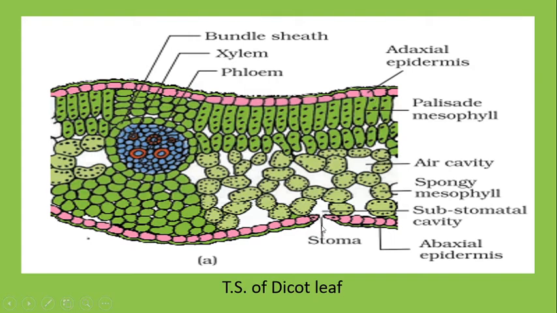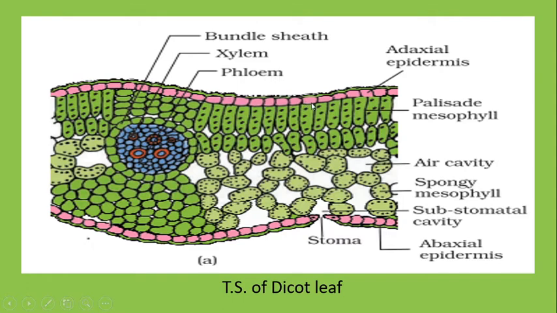Stomata are openings which are present on the leaf surface. In the dicot leaf, there is a greater number of stomata on the lower epidermis and a lesser number of stomata on the upper epidermis.